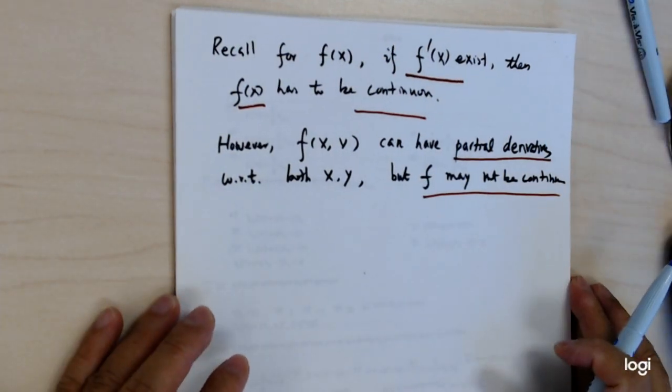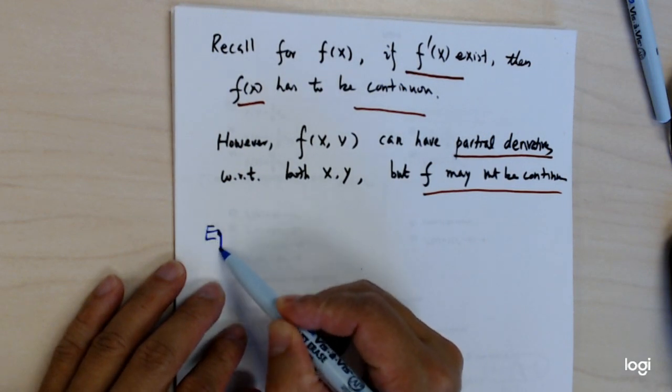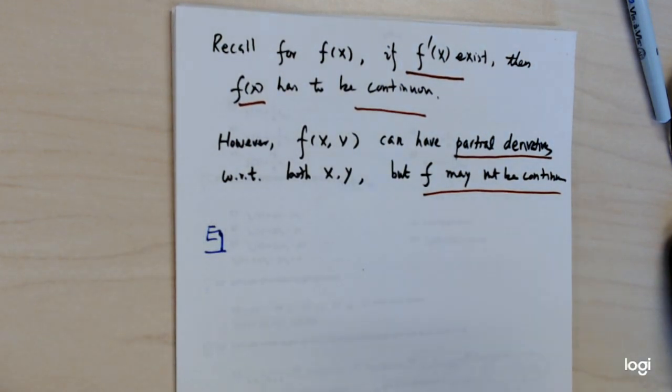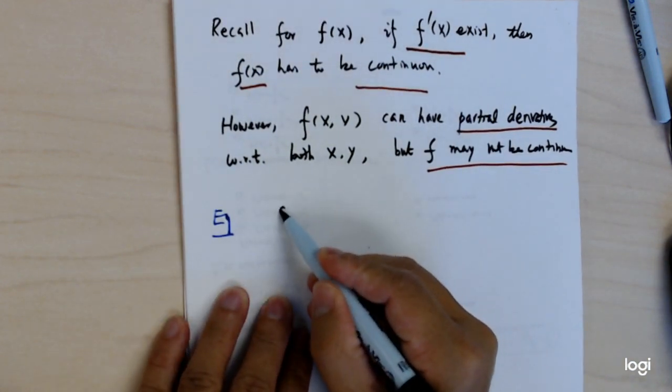Let me present an example. Notice here we're not talking about differentiability right now. I'm just talking about partial derivatives, which we learned in Calc 3. So I'll give you a very simple example.